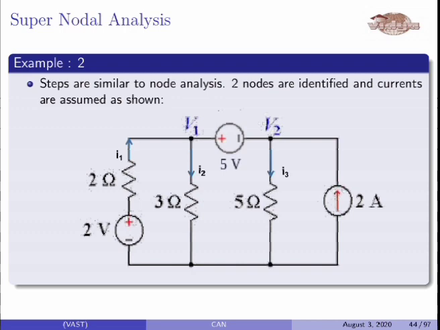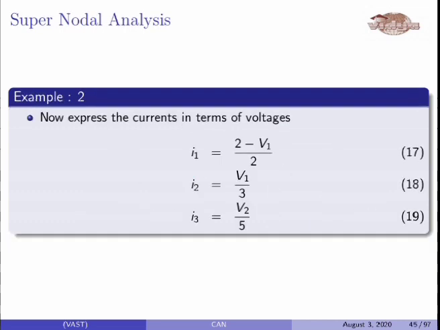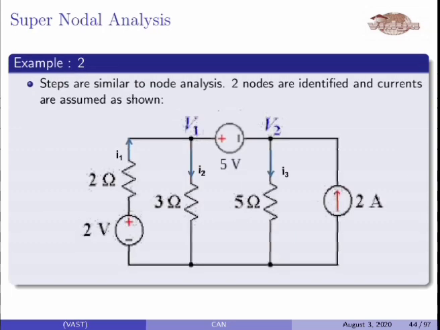These steps are identical. Now we have to express the currents in terms of voltages. So how to express I1? I1 is the current through the 2 ohm resistance, and at one end the voltage is 2 volt and at the other end it is V1. So I1 is equal to (2 minus V1) by 2.